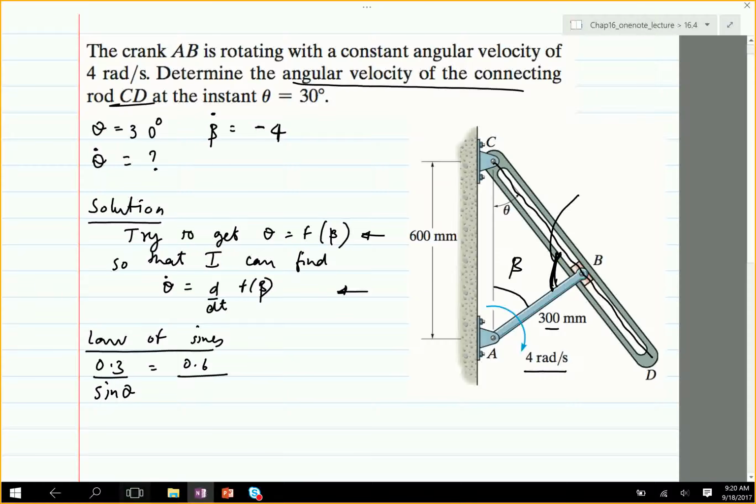I could technically write it as a different angle and then try to substitute, but I'm just going to write it as 180 minus the sum of the other two angles, because the sum of all the angles should add up to 180. So this is sine of 180 minus theta minus beta.